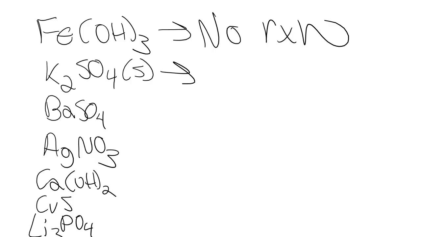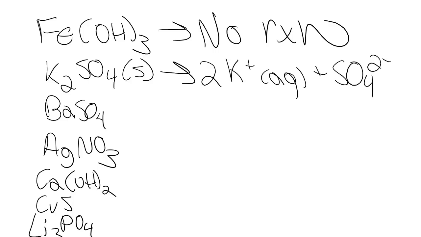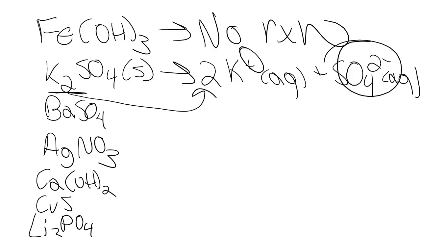So this is going to break down into its ions. We have two potassiums. Potassium always forms a +1 charge, and the sulfate is SO4 2-. That charge is always going to be the same for those ions. You get the polyatomic ion sheet and you get the solubility rules.